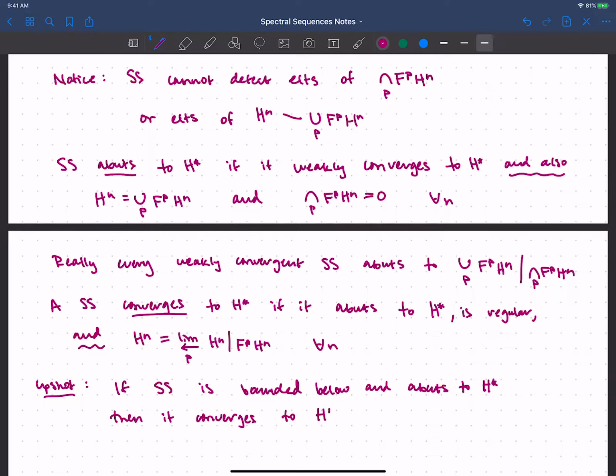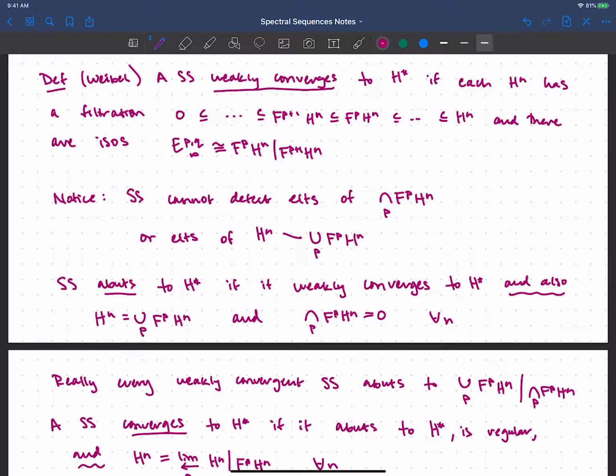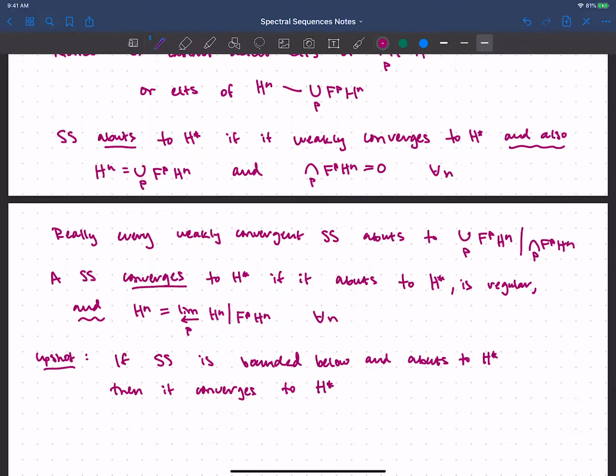To the cohomology. And why is that? Well, this last, so bounded below, we said, meant that the thing was regular, right? And if it abuts to the cohomology, then we've got some filtration where we've identified the E infinity terms as isomorphic to these filtration quotients. The fact that it abuts means that we also have this good condition on the union and the intersection of the filtration.